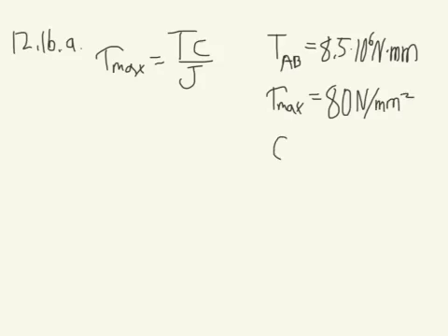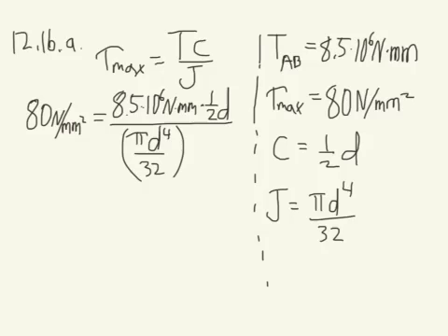C is the distance from the center of the rod to the outside, which is the radius, half of the diameter. I'm going to leave that in terms of d, because that's what we're solving for. We're also going to express the polar moment of inertia J in terms of d.